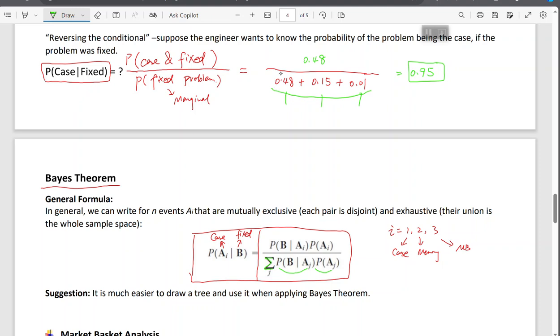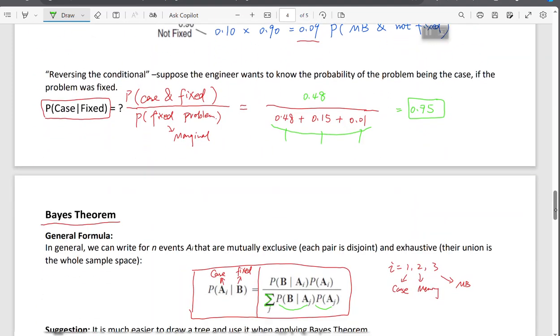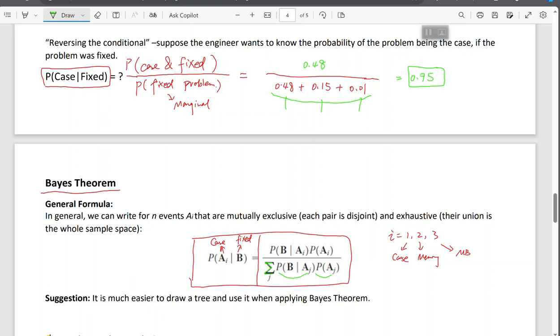Remember where each probability comes from. 0.48 is a joint probability, which is the marginal probability times this conditional probability. So this 0.48, this 0.15, and 0.01 are all the conditional probabilities times the marginal probability, which are all the joint probabilities.